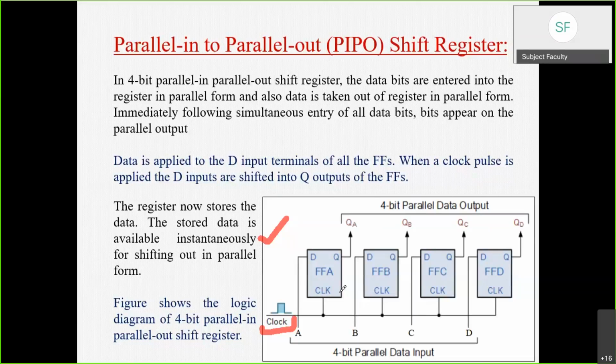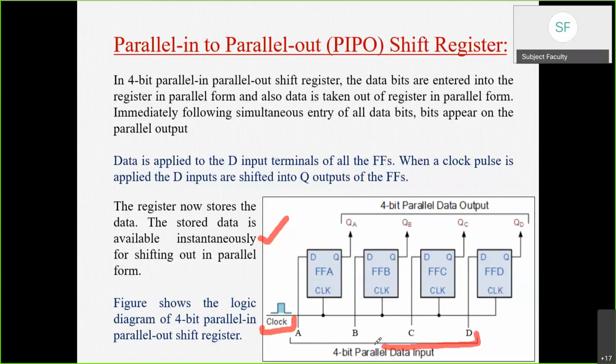Now since we have established for the shift register that for an n-bit shift register, the number of flip-flops should be n, here it is a 4-bit parallel in, parallel out shift register, so that means 4 flip-flops will be there. Now observe the connection. The inputs are given in parallel configuration here.